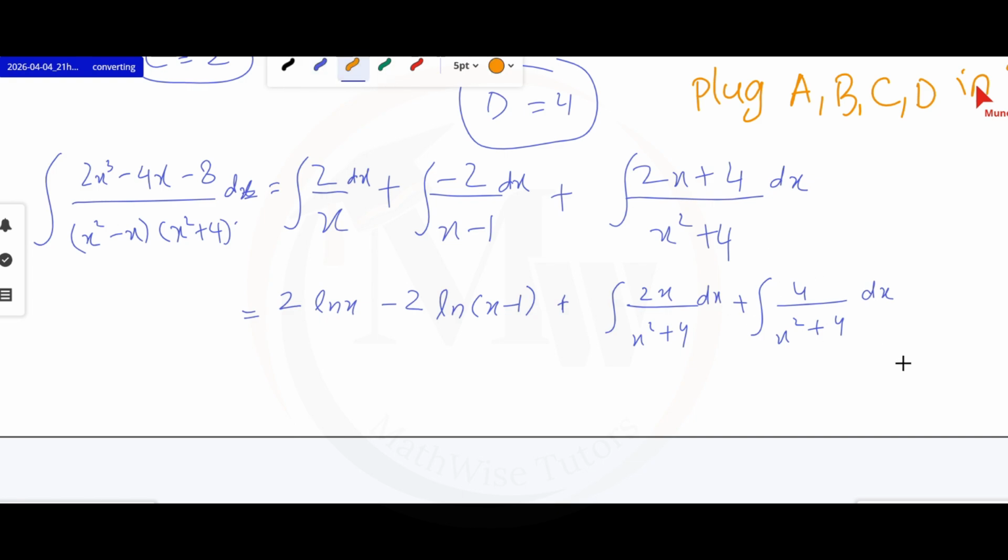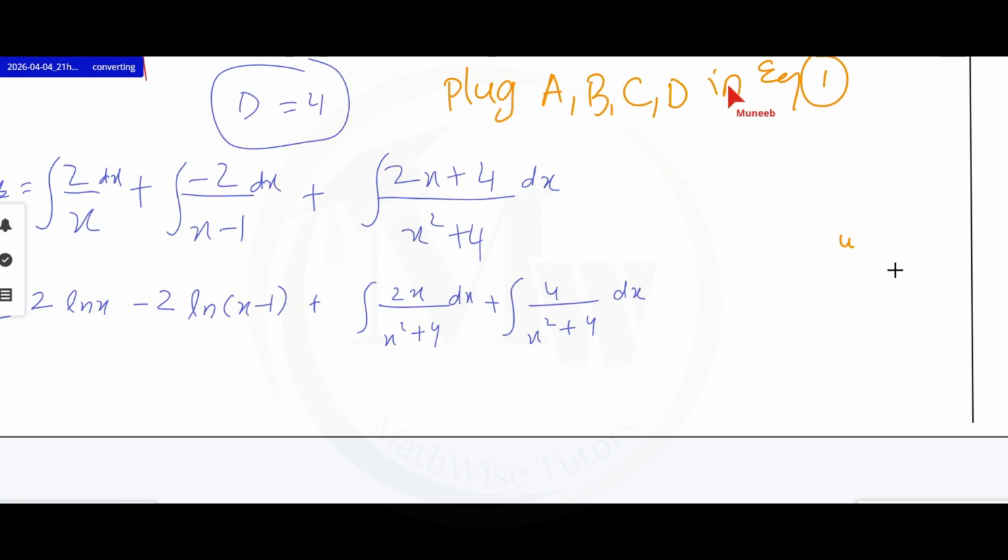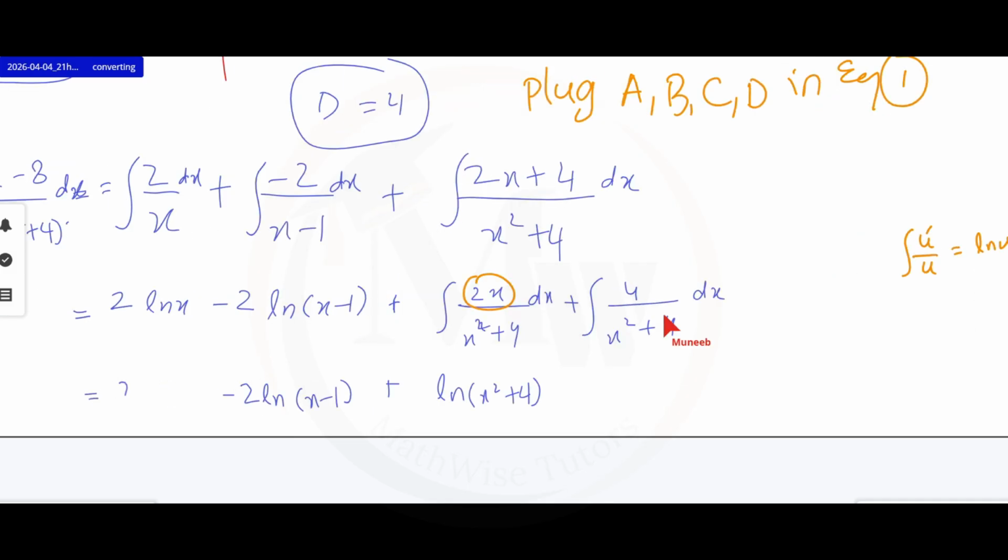So as we know, if you have the derivative of a function placed above the function, then the integration of this is natural log of u, right? So this is the derivative of the lower function x square plus 4. So this equals ln of x square plus 4. Okay. And the other term will be as it is, minus 2 ln of x minus 1 and plus 2 ln of x.